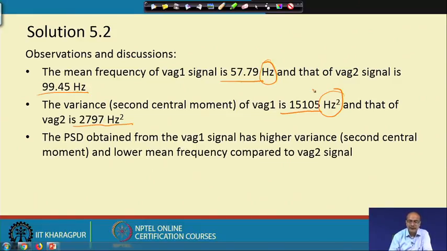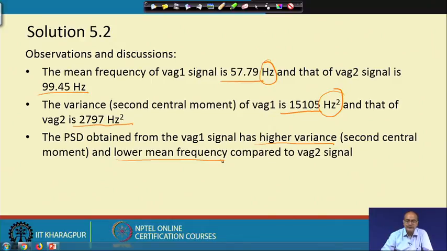Okay. And if we compare the two signals with respect to the PSD and the means and variances derived from the PSD, then what we get is that VAG 1 has high variance compared to the second one, but it has a lower mean compared to the second signal.